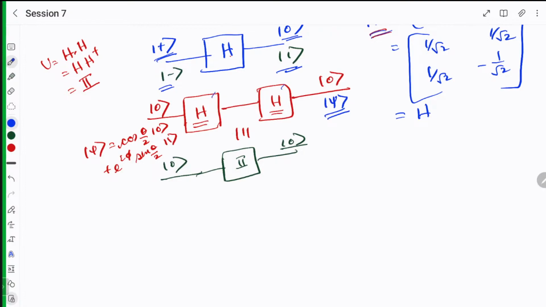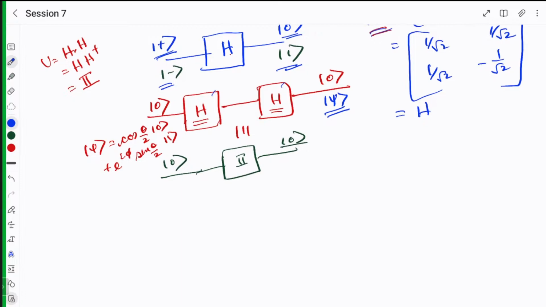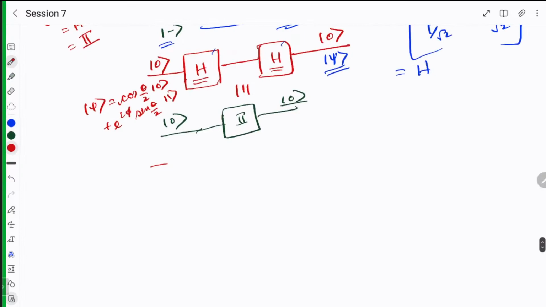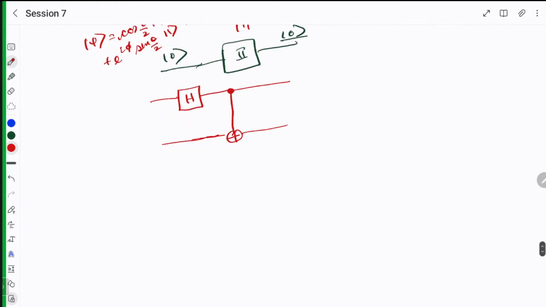And so this was one gate. Now, remember what we had used for getting the entangled states, the Bell states, from the separable state. We had put the Hadamard at the control bit, and the target bit was like this. So Hadamard and then CNOT. So we use this.